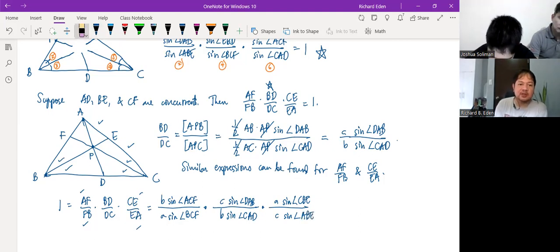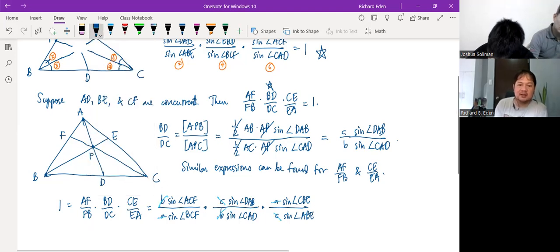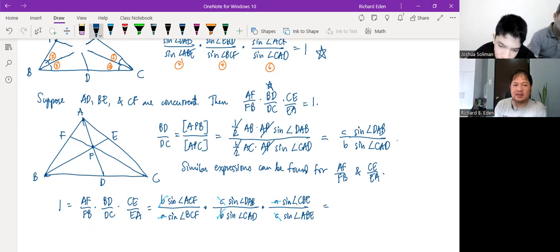And all we gotta do is clean everything up. Let me remove the many check marks. Okay. The letters representing the sides all cancel themselves, leaving us with sines of 6 angles. So ACF over BCF. They're not consecutive, but okay, let's start with ACF.